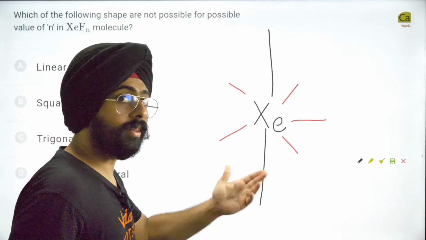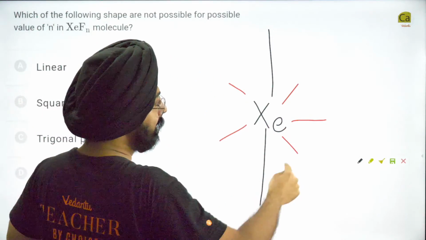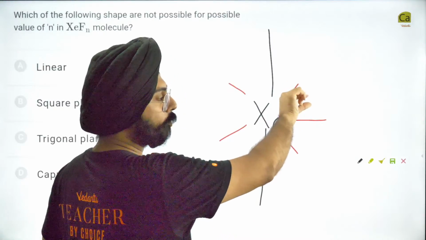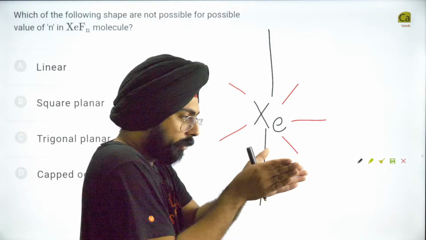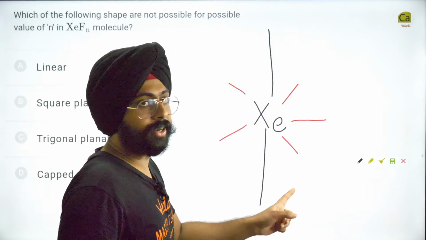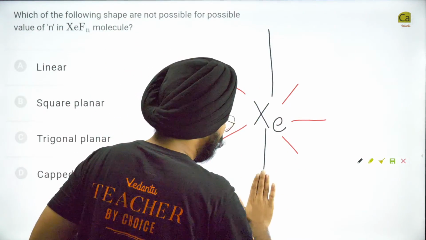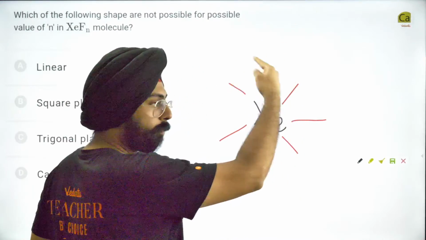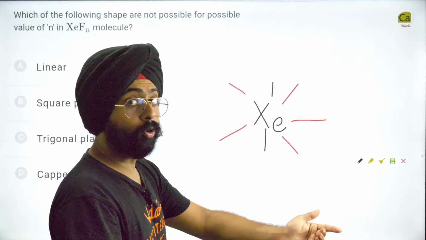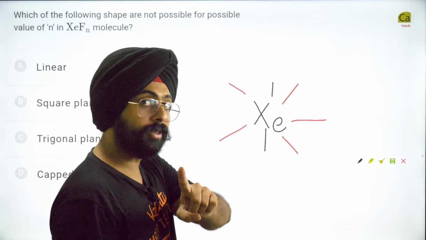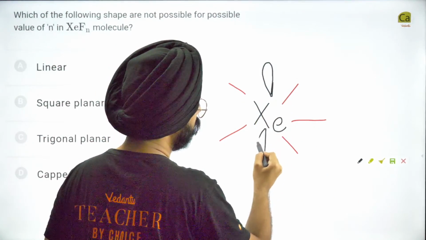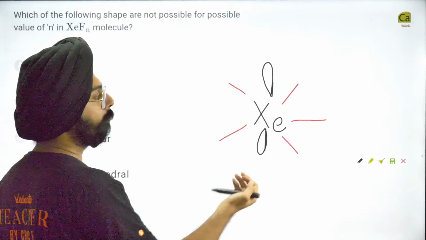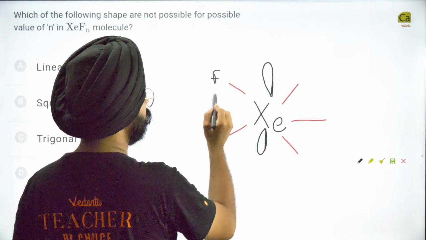My dear friends, the fun thing about pentagonal bipyramidal is that there are 72-degree interactions between two equatorial bonds. So equatorial bonds in pentagonal bipyramidal are closer compared to axial bonds. So in this case, axial bonds have less repulsion, equatorial bonds have more repulsion, and you know you have to place the lone pairs at positions with less repulsion. So you will put a lone pair here, and in the pentagon you will put all your fluorines.